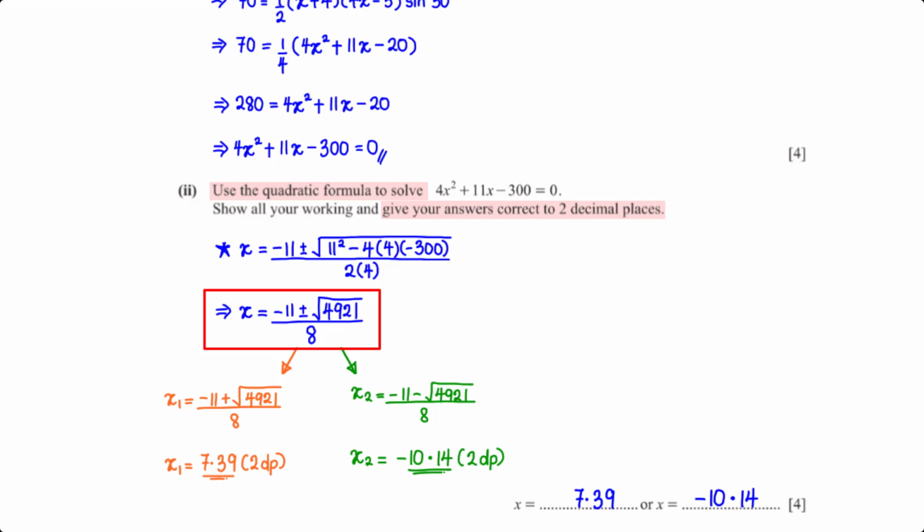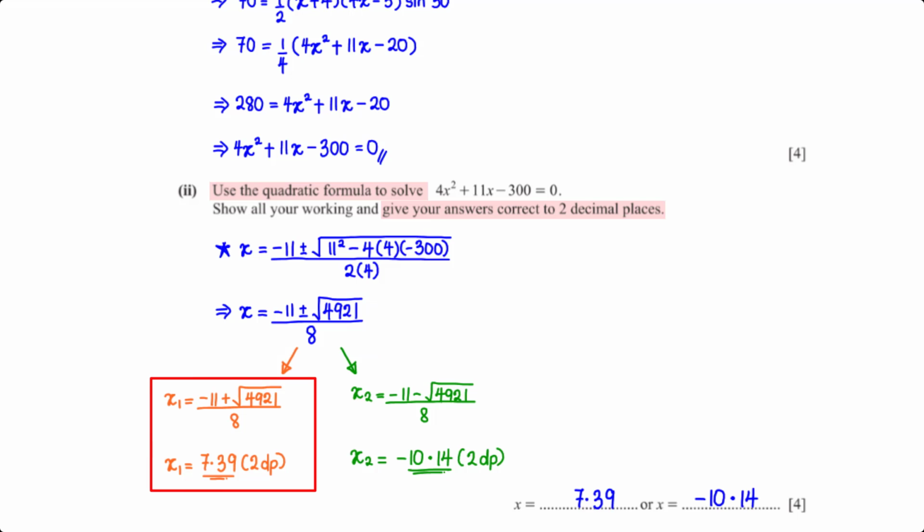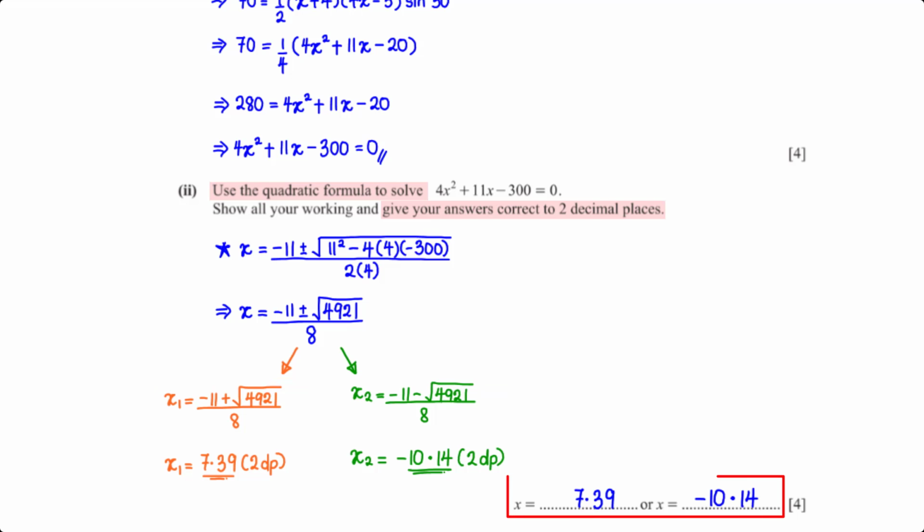And for the denominator, 2 times 4 is 8. For the first possible value of x, we have 7.39 rounded to 2 decimal places. And for the second possible value of x, we have -10.14 rounded to 2 decimal places.